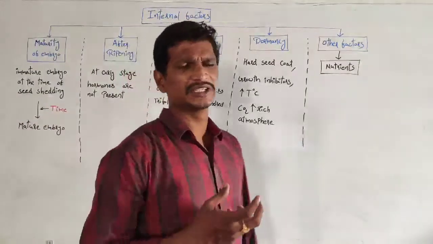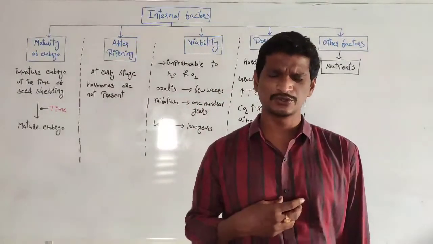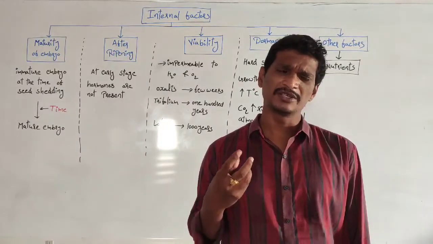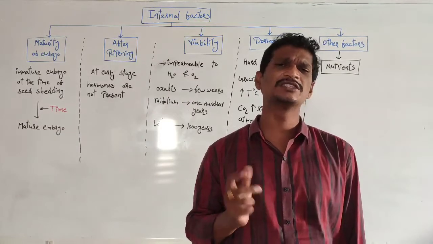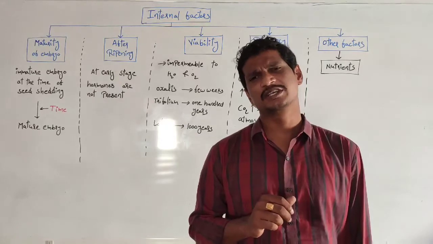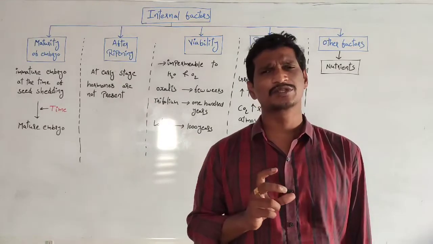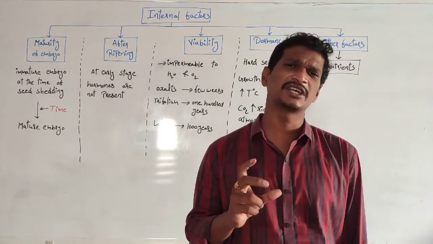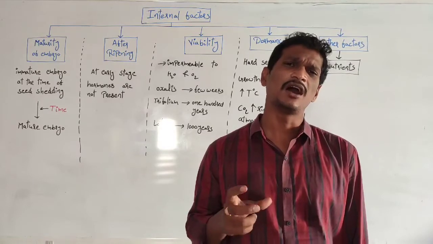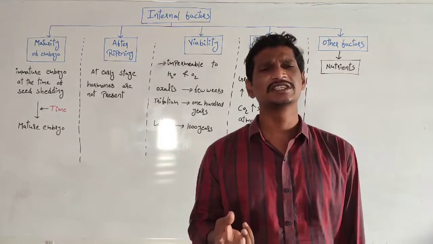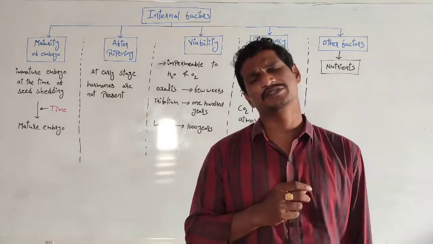Whatever seeds are produced, the majority of them are not immediately germinated. For the seed germination process, those kinds of seeds require some time. After that time period, the seeds germinate. So what happens?